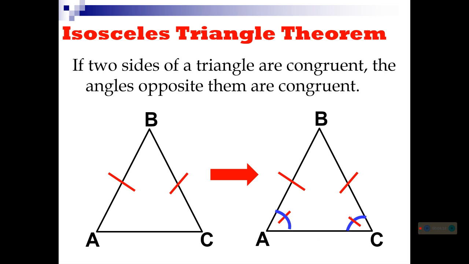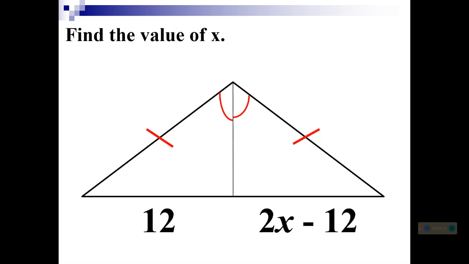And again, they are called the base angles. So let's have this example. Find the value of x. So we have here 12 on one side and on the other side we have 2x minus 12. So what will be the value of our x here? That's correct. So we have x equals 12.